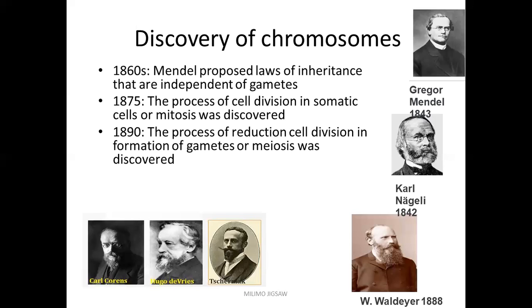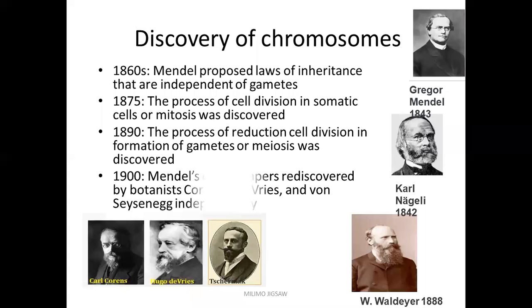We also find the reduction cell division in the formation of gametes, otherwise known as meiosis, also being discovered in the late 19th century. We are going to look at mitosis and meiosis when we look at cell division, which will be our next lesson.